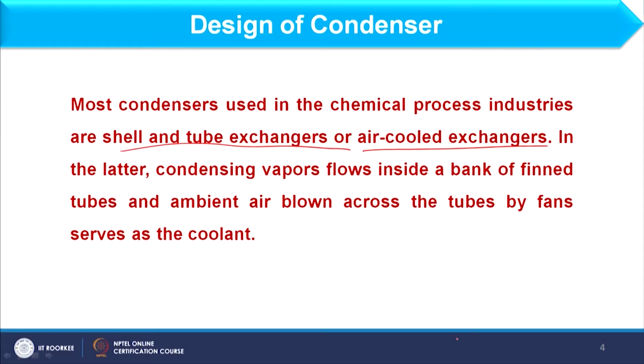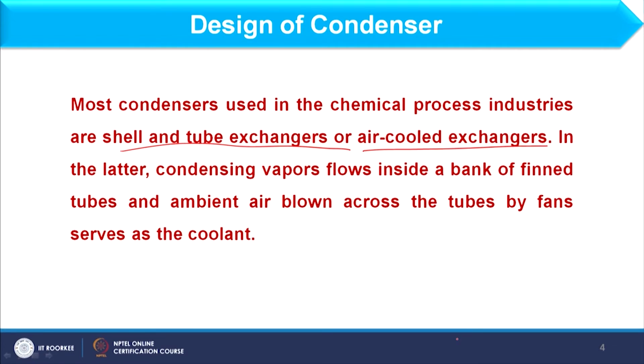Now, what will happen with an air cooled exchanger? In copper tubes we have vapor which is to be condensed, and over that in a cross manner we blow air. Okay. So, instead of a cooling liquid medium, we use air to condense the vapor. Okay. So, in air cooled heat exchangers we usually use a fan, and air is used as the coolant instead of water as in a shell and tube heat exchanger, right.